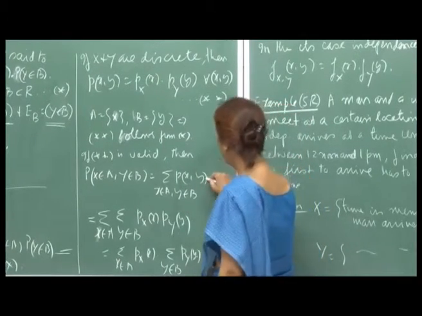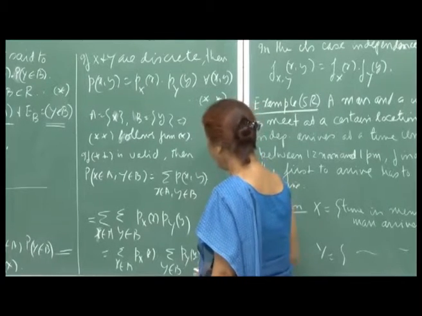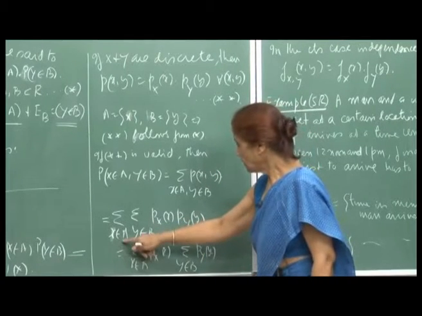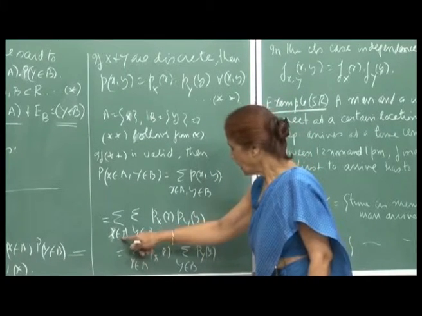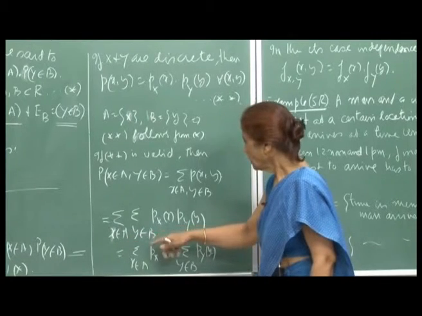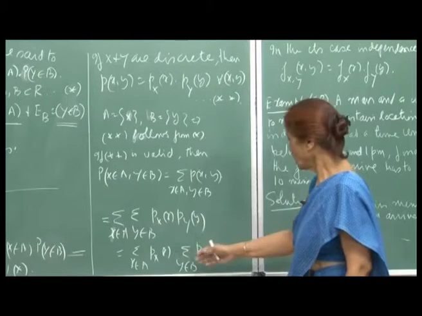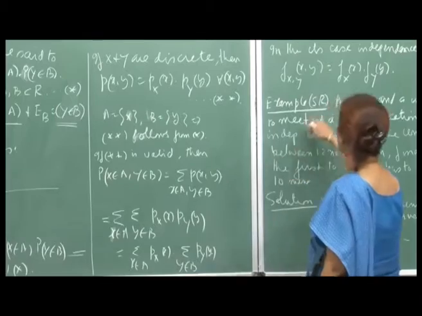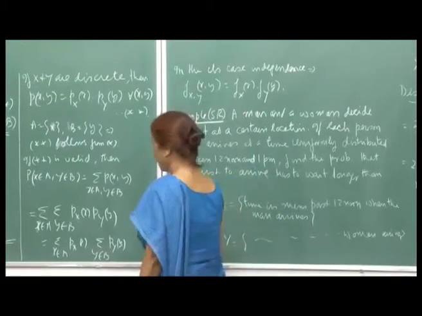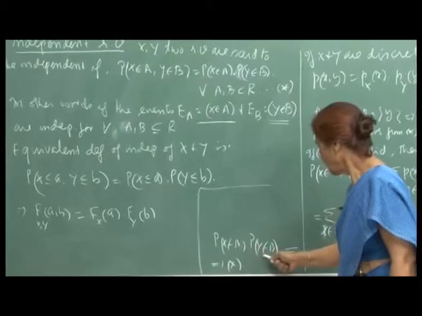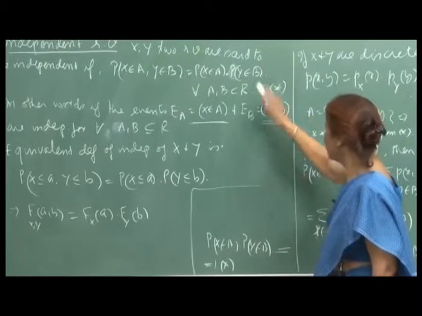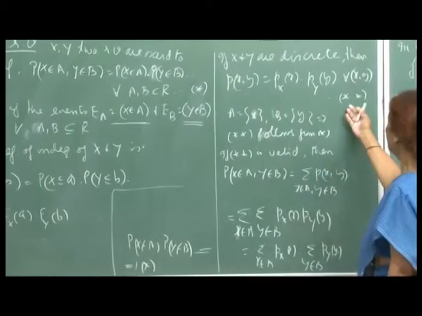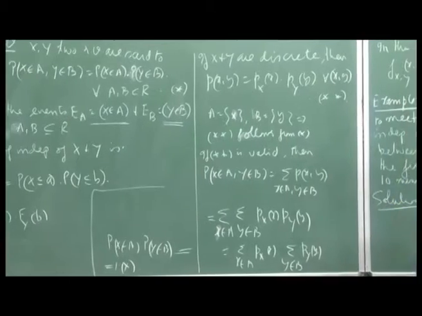But since X and Y are said to be independent, then this can be written as p_X(x) times p_Y(y), summing over all x in A and summing over all y in B. Then you can separate out the summations, and therefore this is probability X belonging to A times probability Y belonging to B, which is the same as this. So, if this is valid, star follows, and if star is valid, then double star follows. So, this is the whole idea.